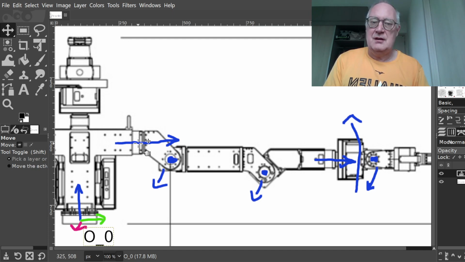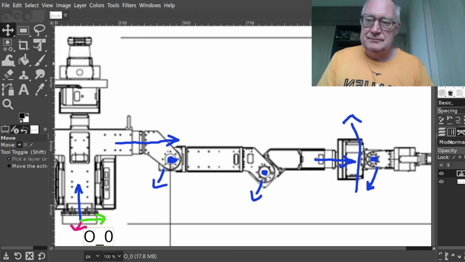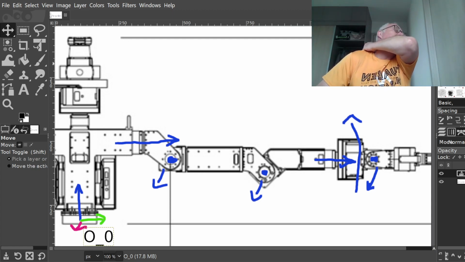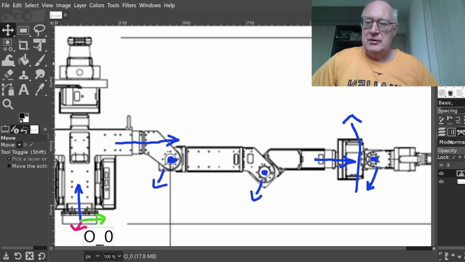Say they intersect at the middle, which means that now we have no choice for our x-axis, because if you look at our assignment algorithm, if zi minus 1 and zi intersect, then xi must be the normal to those two coordinate systems.